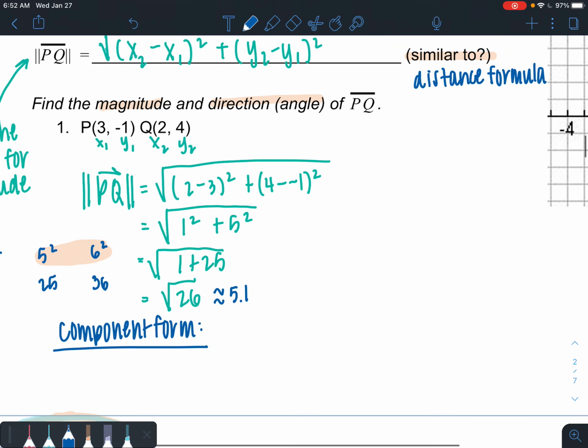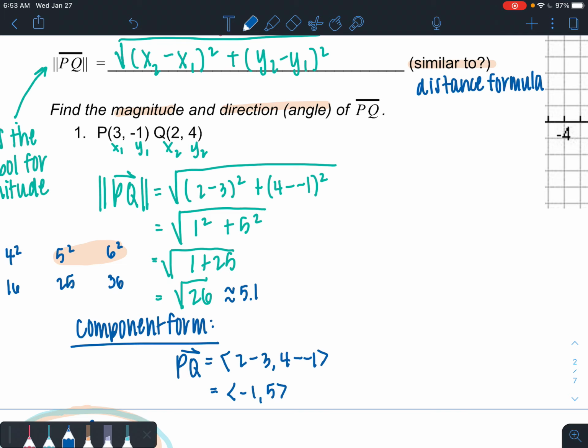Okay, and then it does want us to put it in component form. So we're going to say that PQ is equal to our first minus second and first minus second. And so we get -1, 5 for that. So we can graph it.